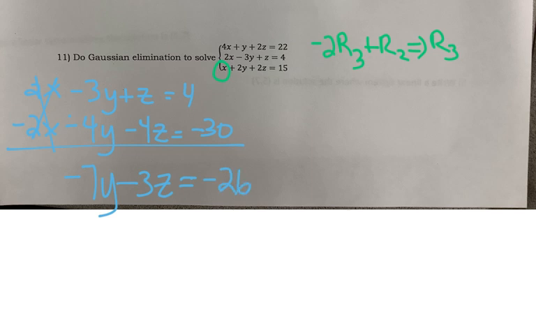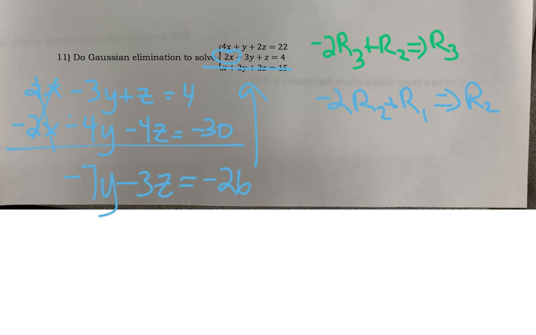And I'm going to do the next one, which is to get rid of the 2x here. So this bottom row 3 is here. I'm just sort of short on space here. So negative 2 times row 2. I'm going to use row 1. And it's going to give me a new row 2. This is a little bit easier because both the x's and the y's are going to cancel out.